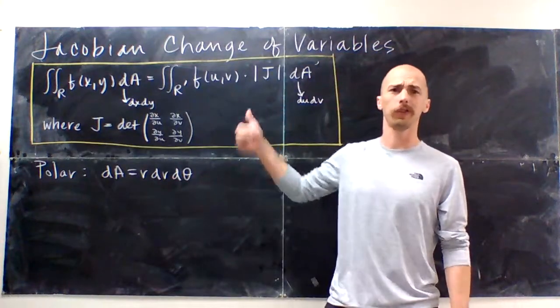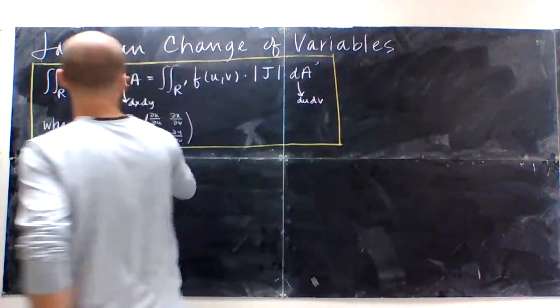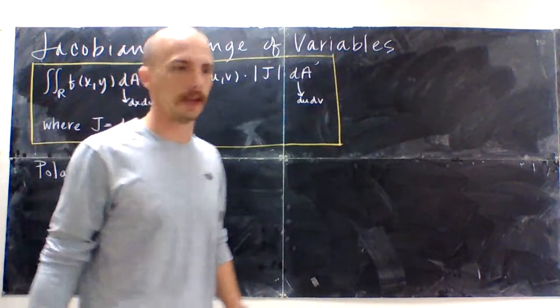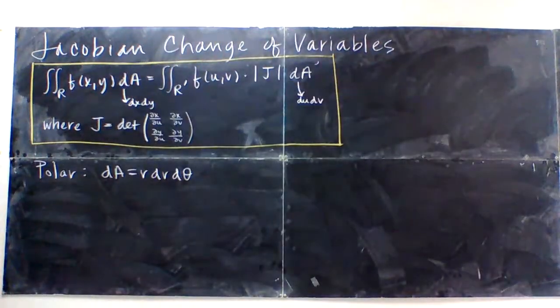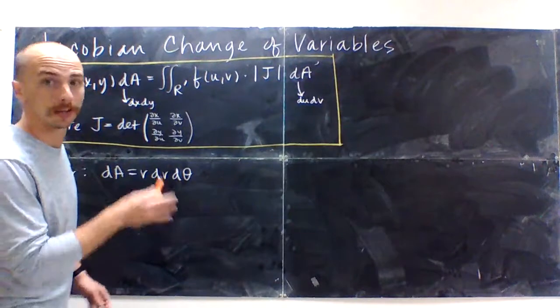But let me just show you using the Jacobian change of variables because it's really nice. What we need is a formula for x and y in terms of our other variables. Now our other variables are r and theta, but to keep it as close to the statement of the theorem as possible, for now I'm just calling r u and theta v.